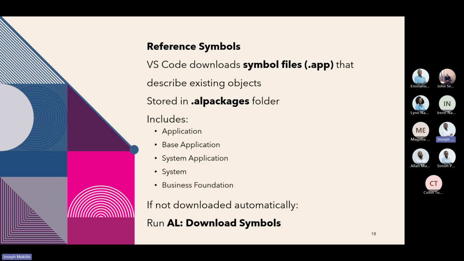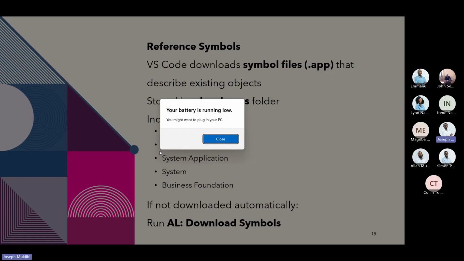I talked about the .app file. In VS Code, you usually download symbols, and then you'll have an .app file that describes the existing objects, stored in the .alpackages folder.